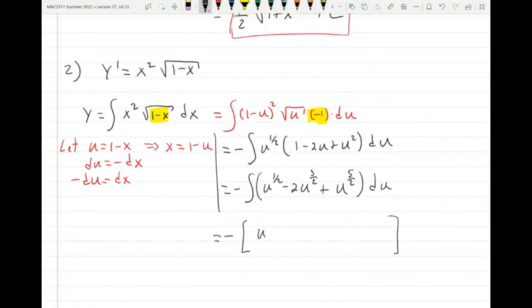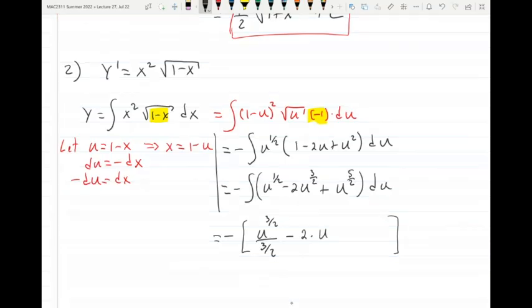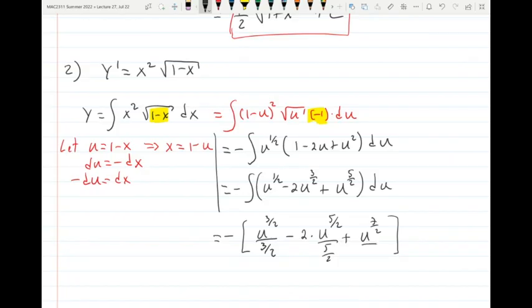The first one is u, so it's 1/2 plus 1, that's 3/2 over 3/2, and 2 times, now 3/2 plus 1, that's 5/2 over 5/2, and then 5/2 plus 1, that's 7/2 over 7/2, and then plus c.